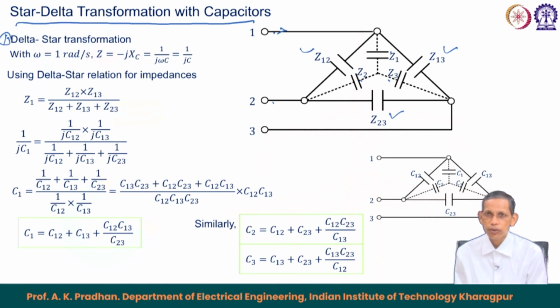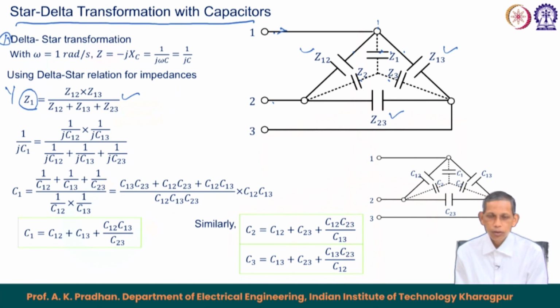With that equivalence, earlier we mentioned that Z1 for the star becomes Z12 into Z13 upon Z12 plus Z13 plus Z23. So, the star equivalent Z1 at terminal 1 is the product of Z12 and Z13 upon the sum of the delta impedances. That is the corresponding relation.